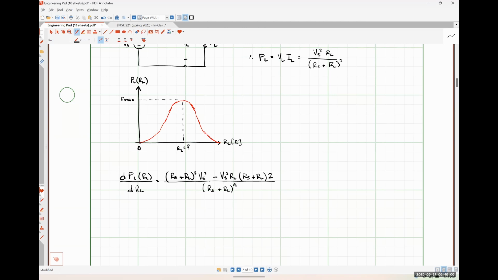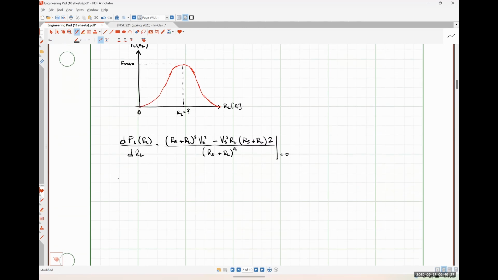So since I'm trying to set this thing equal to 0, my numerator just needs to equal 0 in order for this whole thing to equal 0. In fact, it's pretty much impossible for my denominator to ever equal 0 if RS is a non-zero quantity, right?